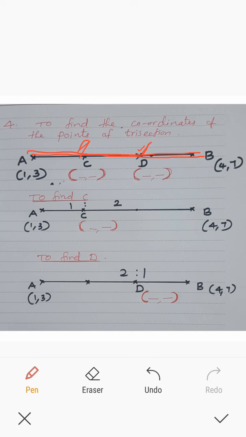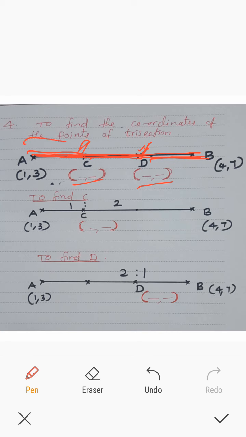To find the coordinates of the points of trisection means we have to find the coordinates of C and the coordinates of D. Here C and D are the points of trisection. That means C and D divide AB into 3 equal parts as AC, CD and DB. That is, AC equals CD equals DB.